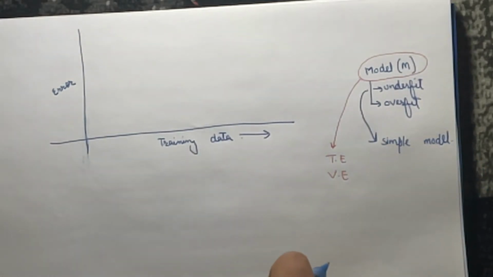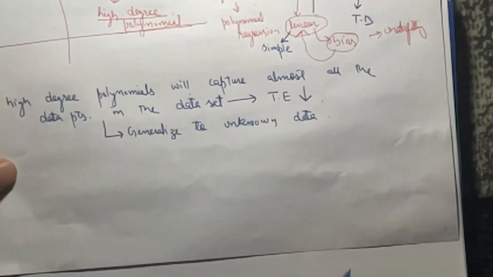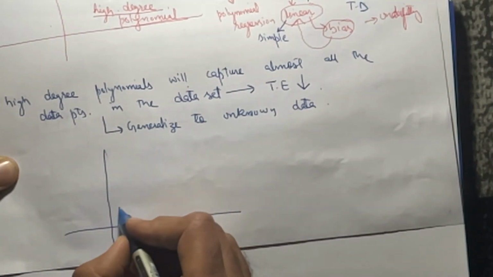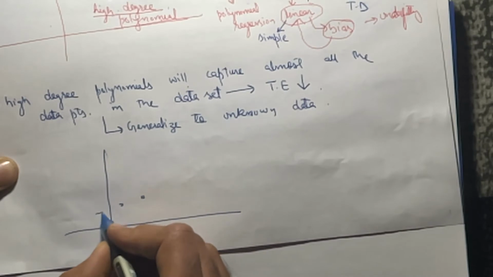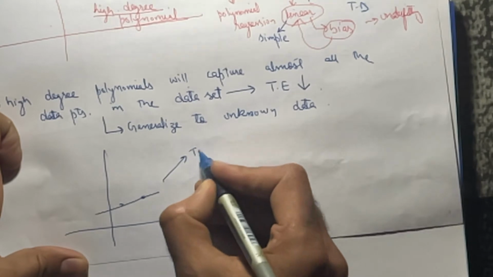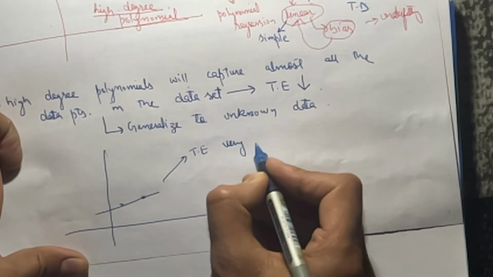A linear model is a simple model. If there are only 2 points, it can easily capture these 2 points, even the linear model. So for a small number of data points, the training error is very low for a simple model.